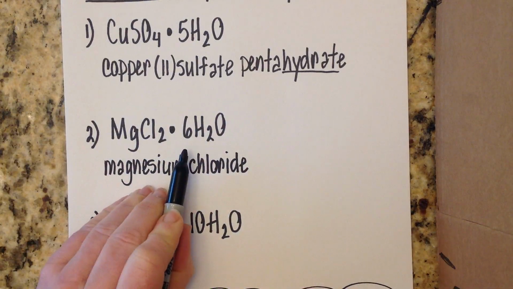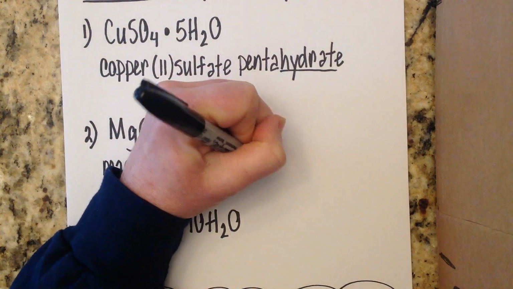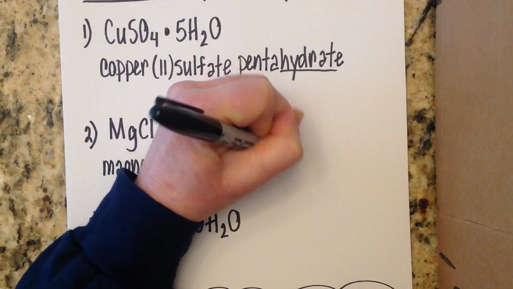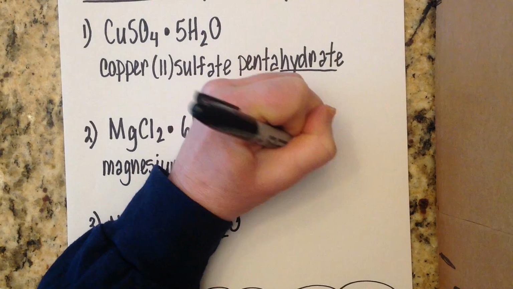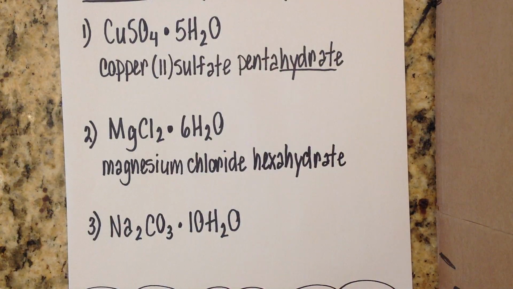And then we see we have the prefix 6. That is hexa. So we write hexahydrate. And that's all you do.